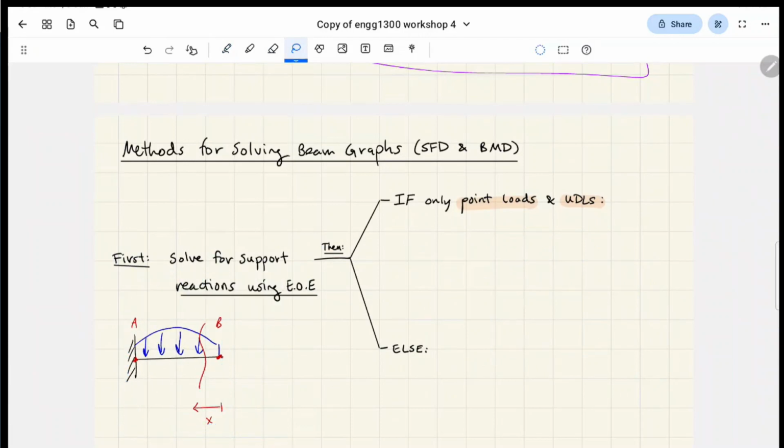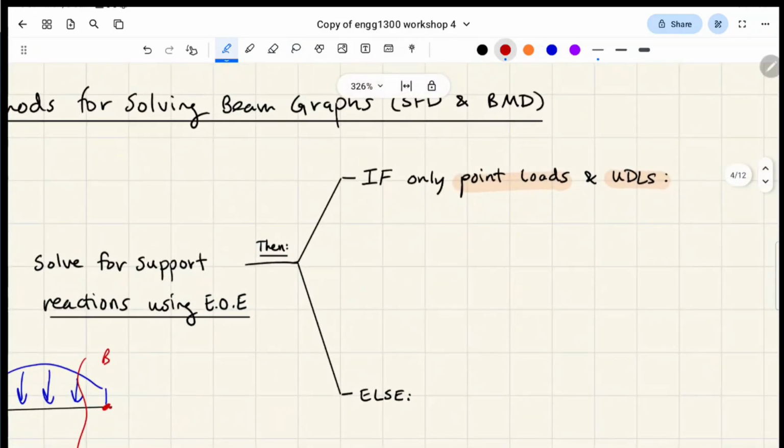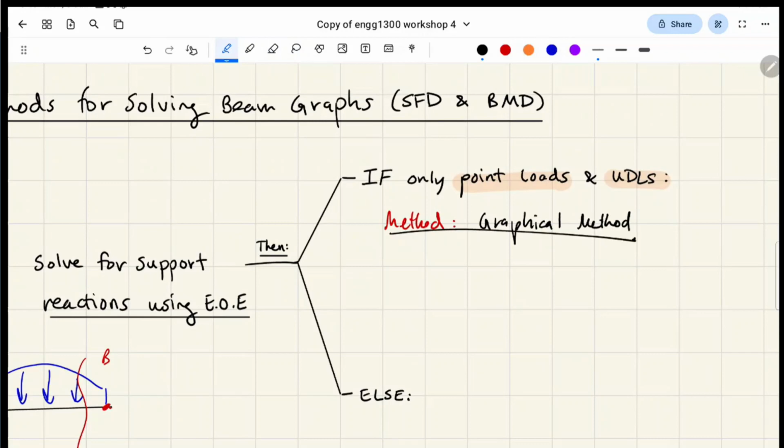Now we have to look at a beam and see if we can do the shortcut. If what I was saying before didn't make much sense with what I was doing on the first page, it's because I don't think in the lectures or in this course they teach you the graphical method, which is why I call it that.